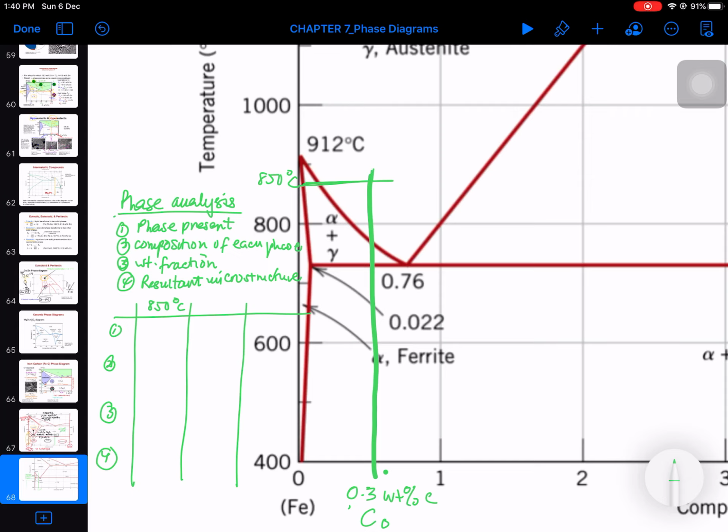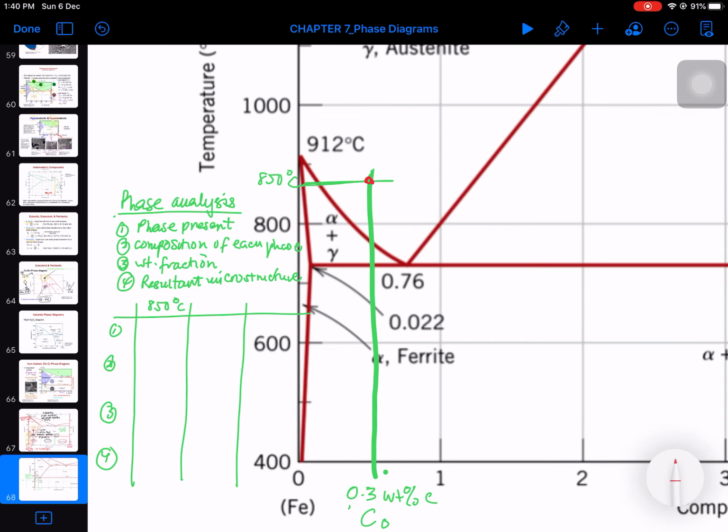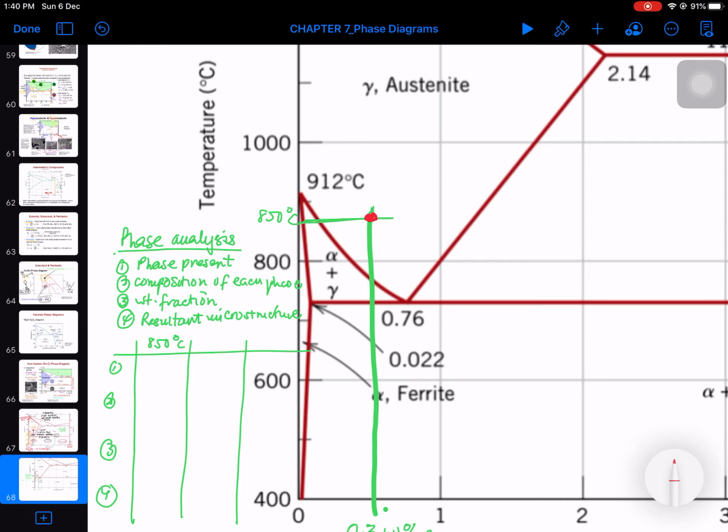You look at the intersection point, and now you look at the phase. Here this point is within the austenite phase, so it's all austenite. So the phase present is all austenite, or we can say 100% austenite.